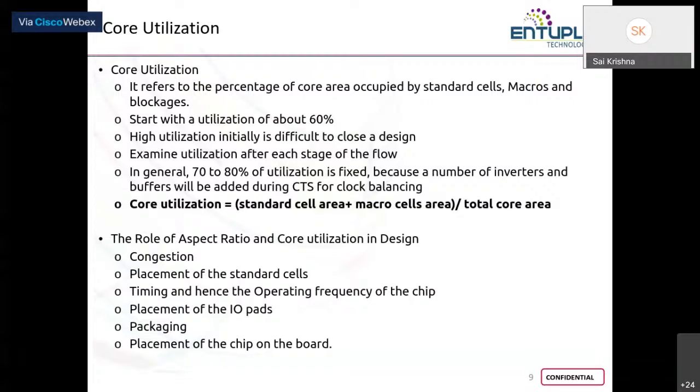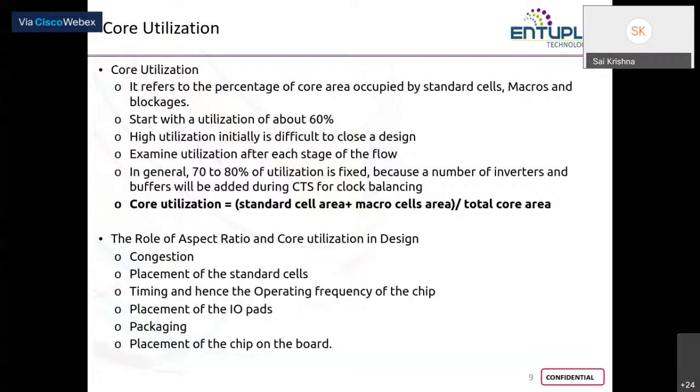So what happens is in this 50 to 60% area, or almost 70% area, we place all our macros and IO. Please note, if you are dealing with a simple design and have no restriction to place IO pins at any particular point, IO pin placement can also be done along with standard cell placement.